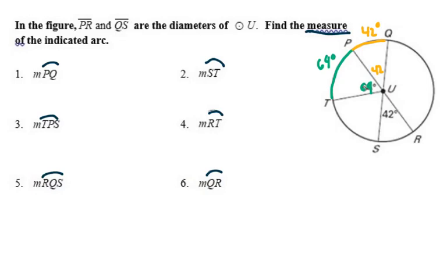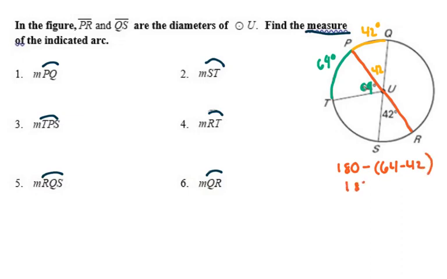If I wanted to keep going through here, this is going to form a straight line, which is also known as a diameter. So I'm able to calculate this angle here, angle TUS, by saying 180 minus 64 minus 42.